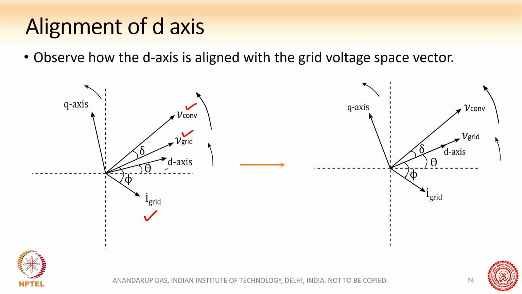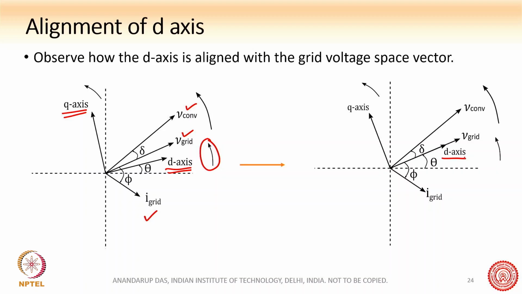This is the d axis and this is the q axis, and the d and q axes are rotating. They can rotate at any speed. However, we make the d axis rotate at the same speed as the grid voltage space vector, and we align the two equally.